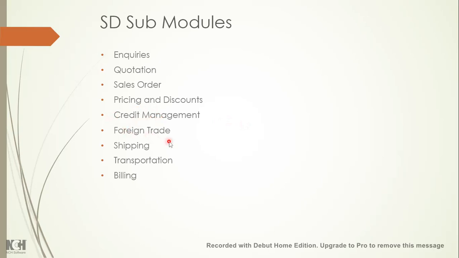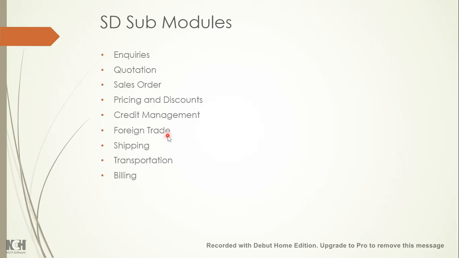Foreign trade is not used by many companies, but it is more relevant if you are a global company. You want to incorporate sanctions or related legislation imposed by, say, the US government.